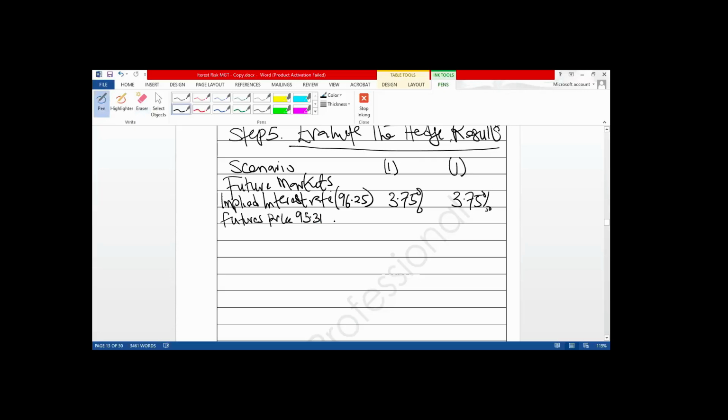If I want to convert to interest rates, 100 minus 95.31. Please work this out. What is the implied interest rate? This scenario 1. 4.69%.